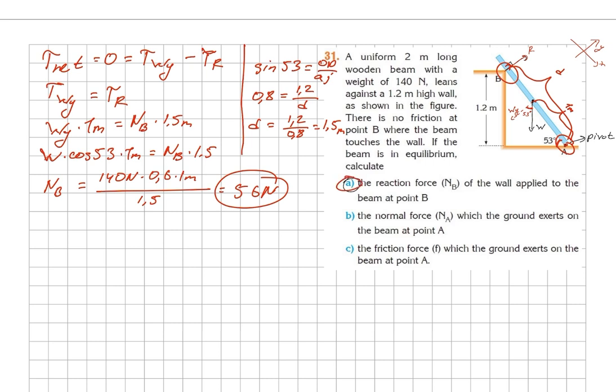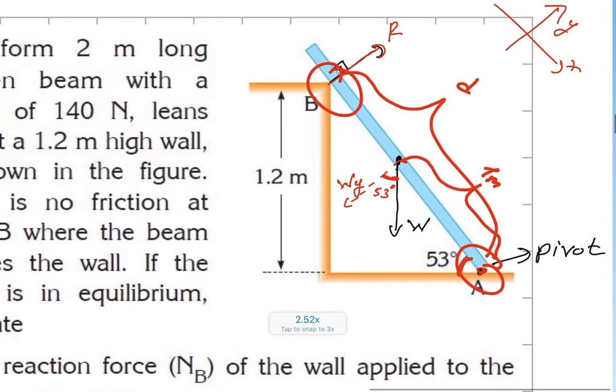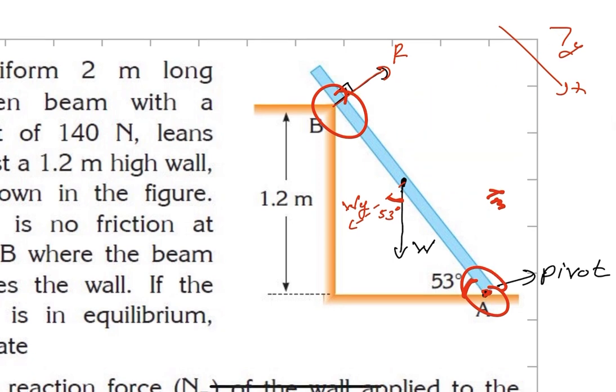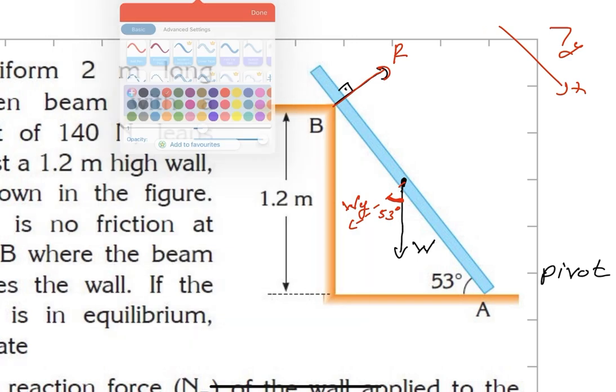Let's solve B. The normal force NA, which the ground exerts on the beam at point A. So to solve it, let me erase something for it. What does it say?